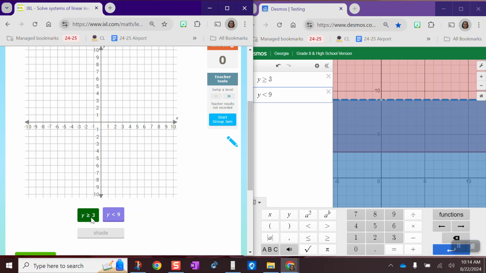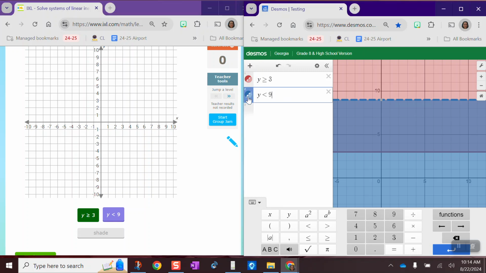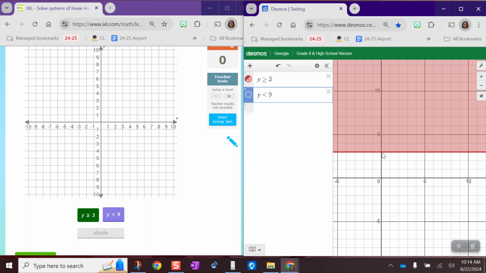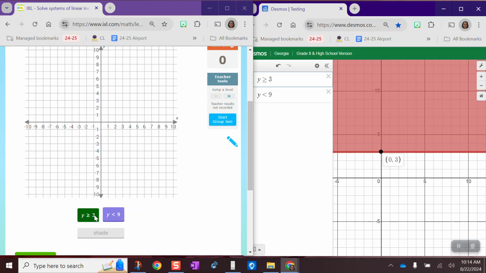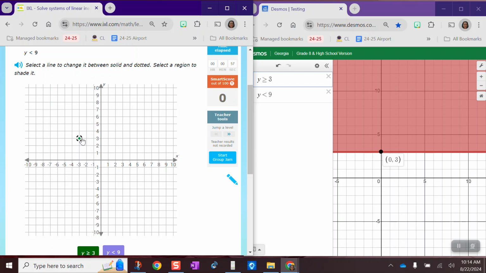Okay, so y greater than or equal to 3, that would be over here, my red one. So let me get rid of the blue one. Y greater than or equal to 3 is going to be a solid line that is shaded. Never mind, we can only do the shading at the end, so it would be shaded above.